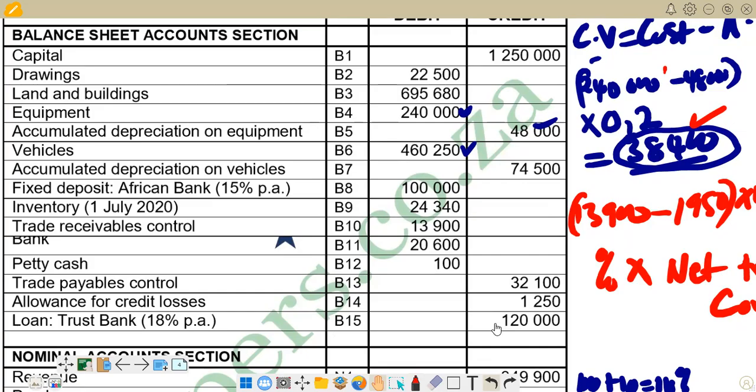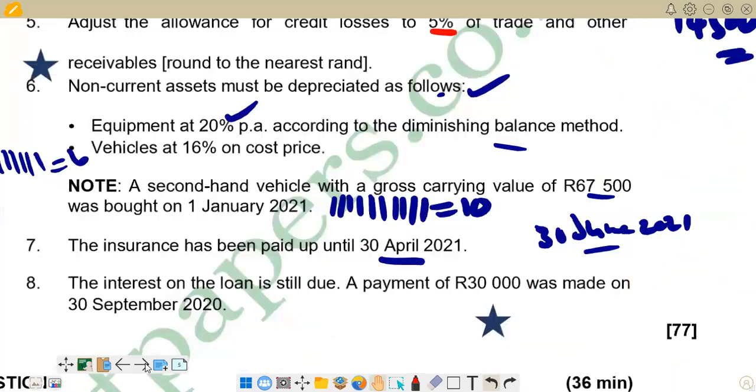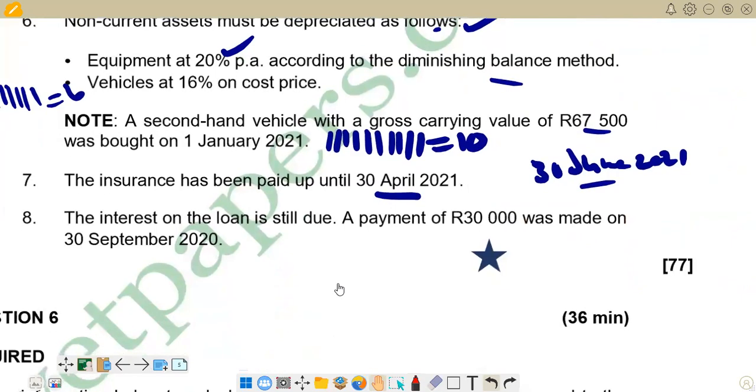And remember, the explanation is saying, let's go back to the explanation. The loan that we have is 120,000. Let's just put the figure there. It's 120,000. Right, the loan that we have is 120,000.